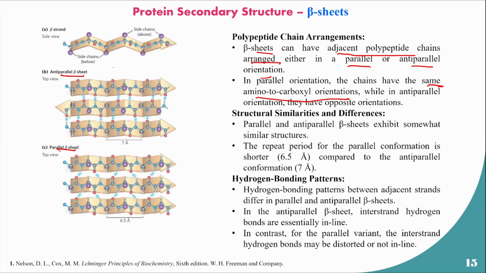Here, if you notice in the case of the parallel beta sheets, the amino to carboxyl direction is the same throughout these chains. Different colors highlight the different atoms present here, right? Side chains are highlighted in purple, the red atoms indicate oxygens, and the blue ones indicate nitrogens, let's say, right?